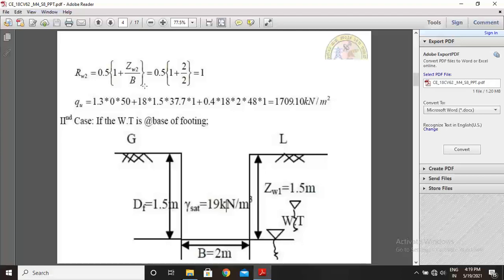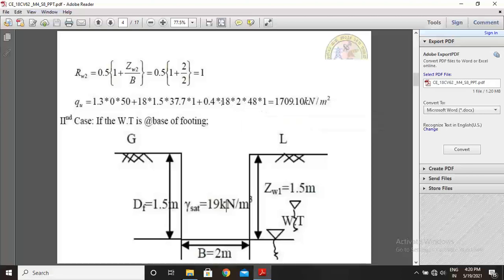Now substitute the value in the above equation, that is ultimate bearing capacity. 1.3 times C is 0, NC is 50.5, plus gamma is 18, DF is 1.5, NQ is 37.7 into RW1 is 1, plus 0.4 times gamma is 18, B is 2 meter, N gamma is 48, RW2 is 1.